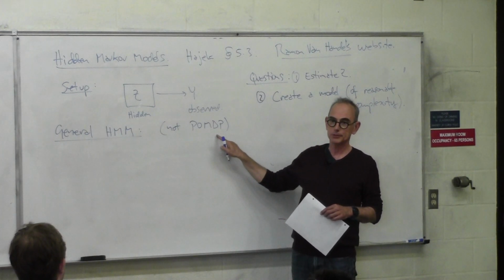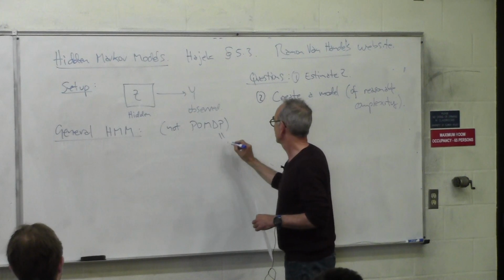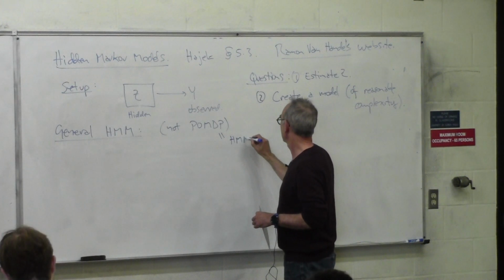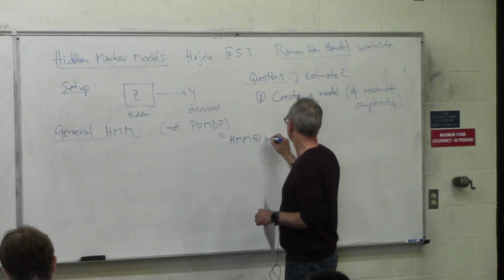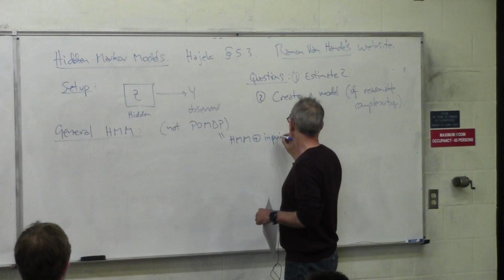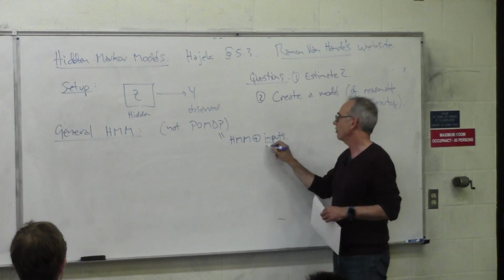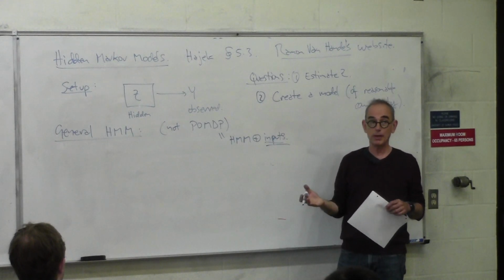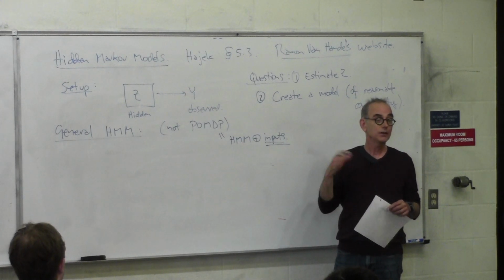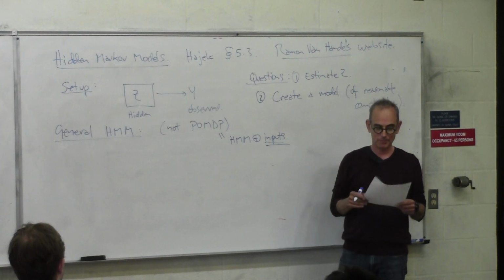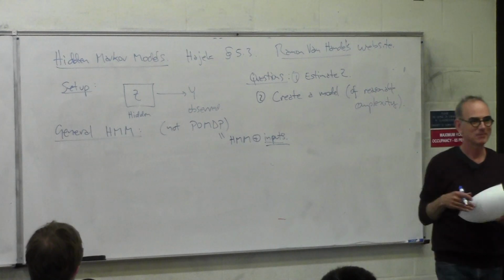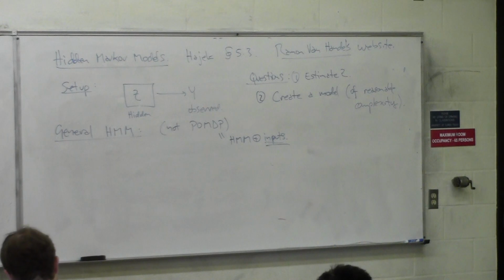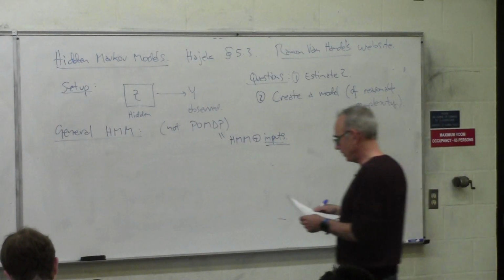That's when you have controls, so you've got inputs to the system. Actually, for the finance example, that might be more appropriate because you have decisions to make. Am I going to buy stock or not? Am I going to lobby my congressperson to change some rule? I don't know. Okay, so anyway, here's the general model.